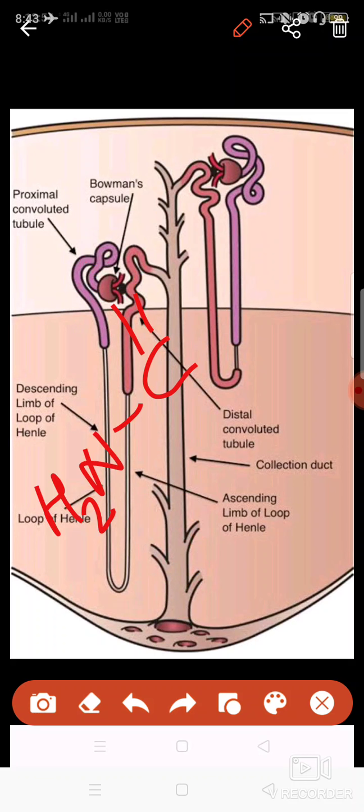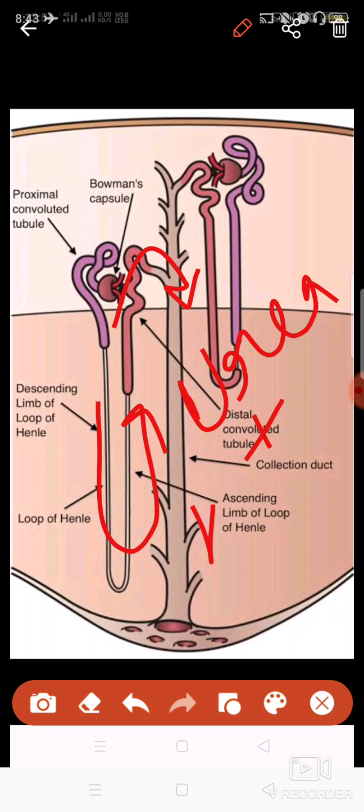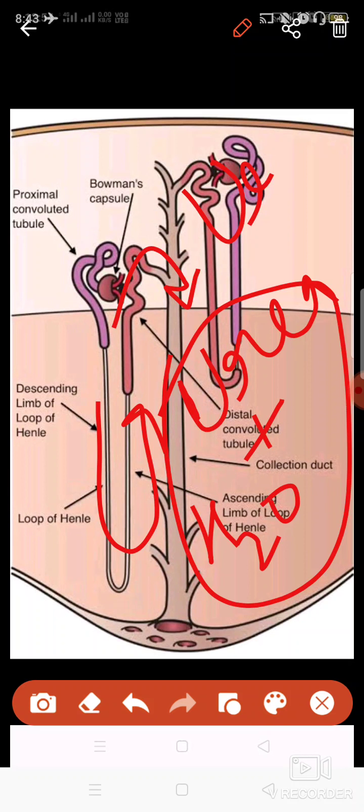And that urea is less harmful, but it still needs to be removed. That's why when the blood is carried to this part, all the useful things are reabsorbed. And then when the final products go this way, that is the collecting duct, only urea and water remain, which is known as urine.